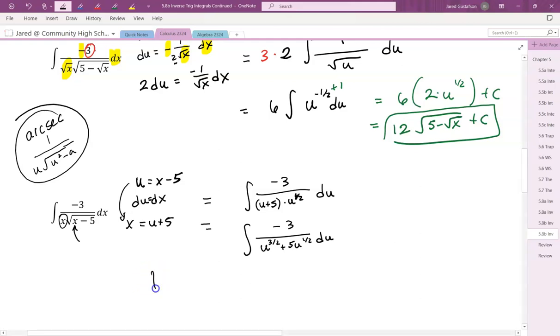But when you have a fraction where you have a sum or a difference in the bottom, recall you're not allowed to break up that fraction. You can't take a 1 over a plus b and write it as 1 over a plus 1 over b. It does not work that way. We can't break up fractions very easily when we have a sum or a difference in the denominator.